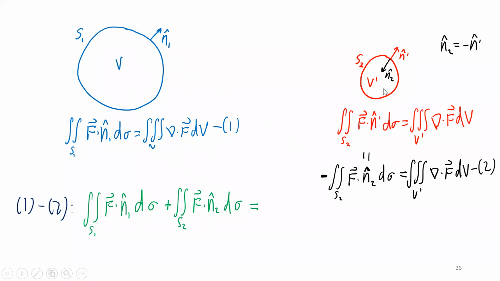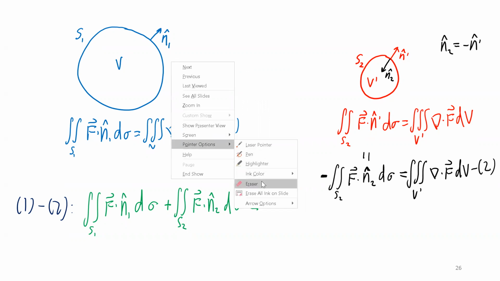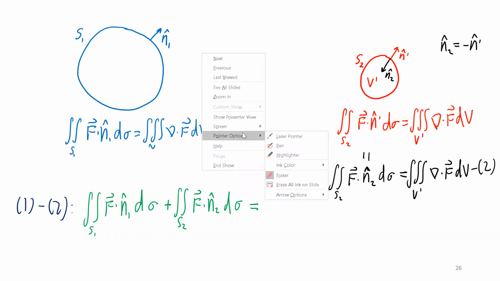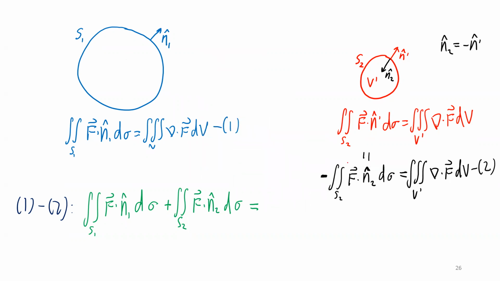The size of this region is exactly equal to the size of the cavity, right? So that means, now you need to basically put this back. Just imagine that you put this sphere back in here.